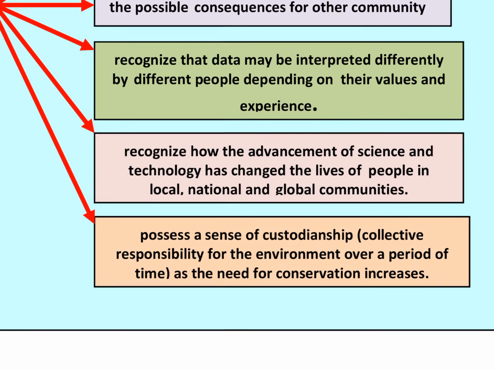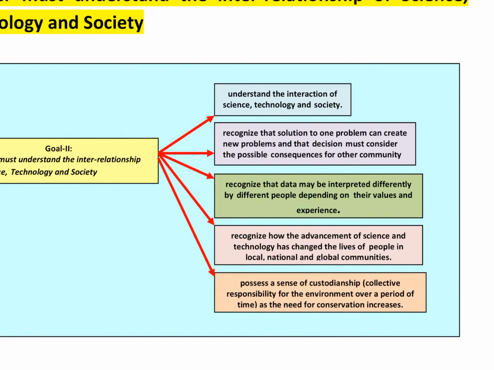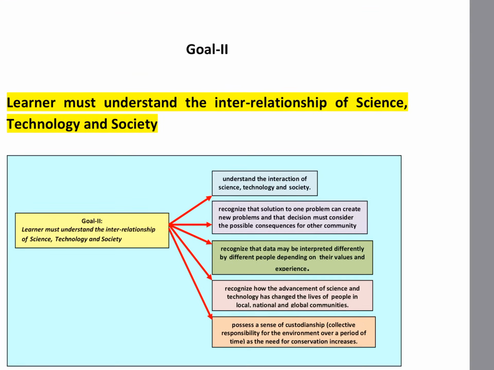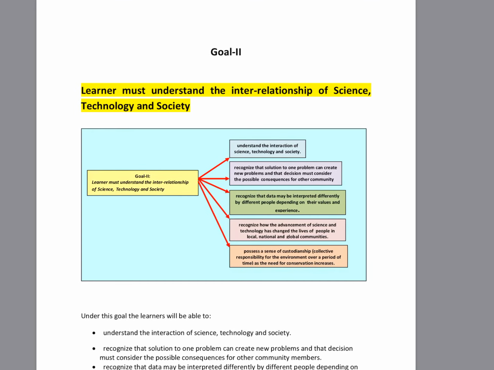And similarly, when science is being taught in the schools, the learner should be able to develop a sense of custodianship for the conservation of the environment. That means the collective responsibility for the environment by the learners for a period of time, and that is to be instilled in the mind and intellect of the learner.